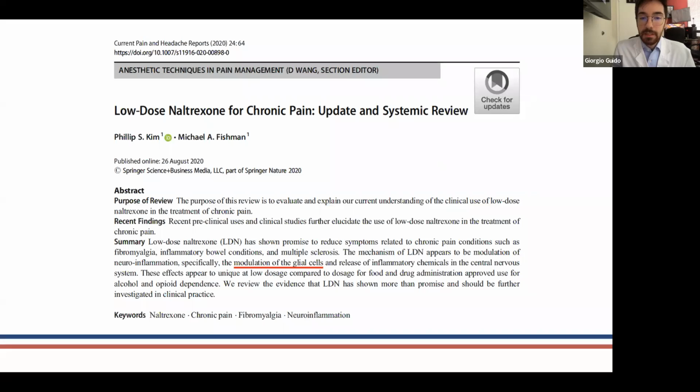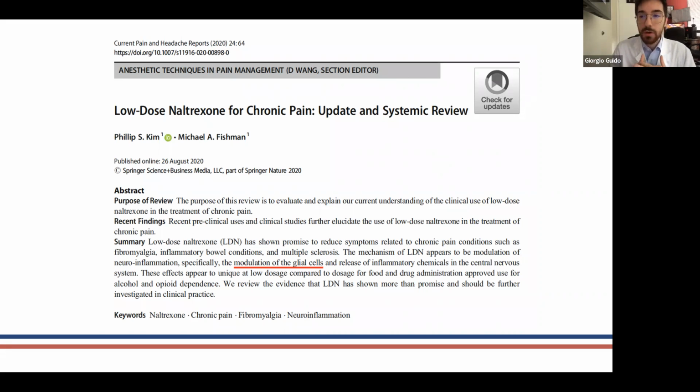What's the possibility, or where can we use low-dose naltrexone? We can use it, for example, in patients that have failed multiple neuropathic pain medications, so we can try low-dose naltrexone. But we can use it also in patients who are going to do IVIG as a last medication resort.